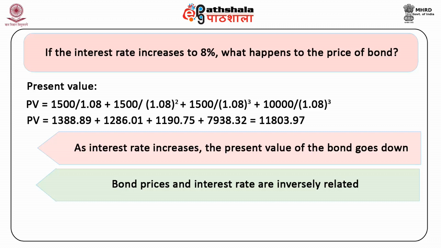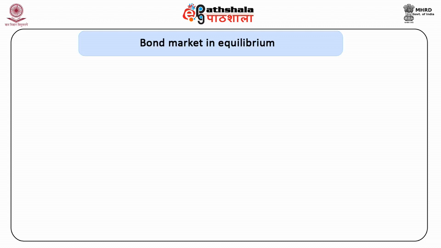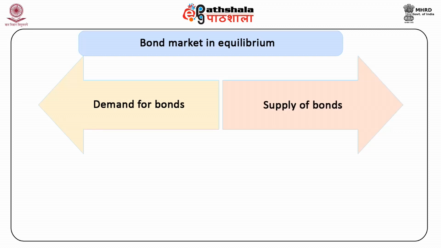So, when interest rates fall and bond prices rise, bondholders can make a capital gain. The bond market is in equilibrium when the demand for bonds is equal to the supply of bonds.